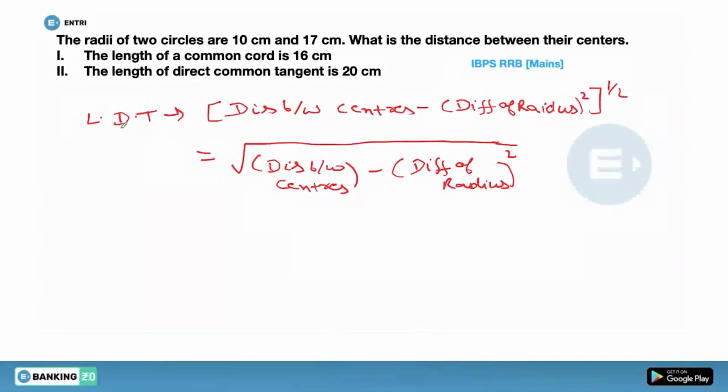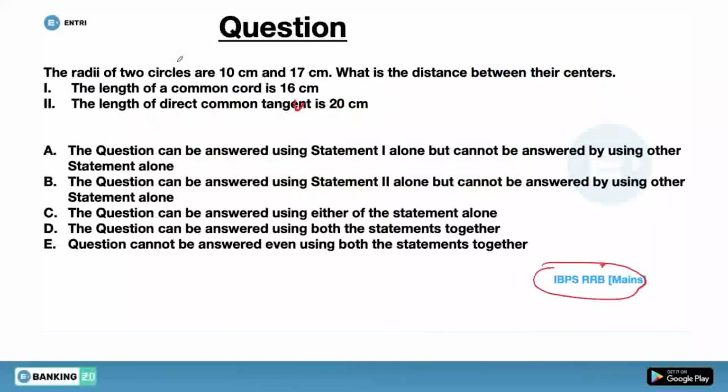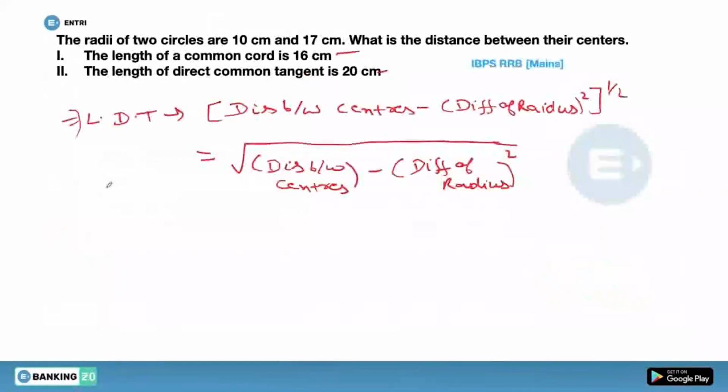That means I can use any of the options with this formula to calculate the answer. So what would be the correct answer? The correct answer would be that the question can be answered using either of the statements. Fine. So let's move on to the next part.